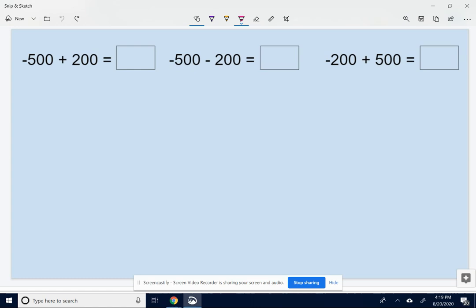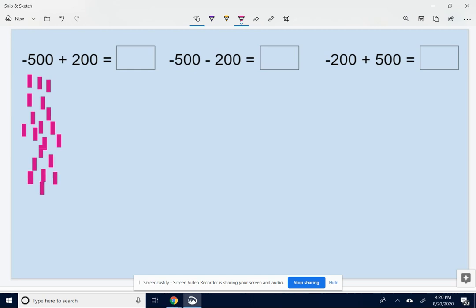The first one, negative 500 plus 200. Of course, I'm not going to put 500 negatives, but I know I'm going to have a whole bunch of negatives. And by the way, I don't have red, so we're going to have to pretend like these are red.